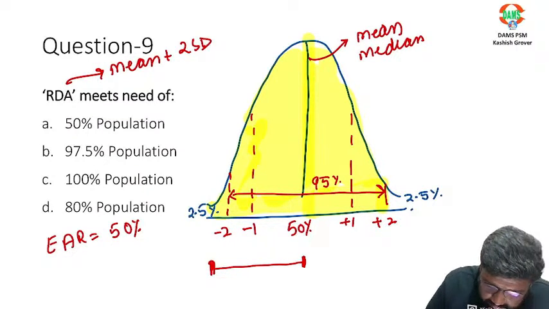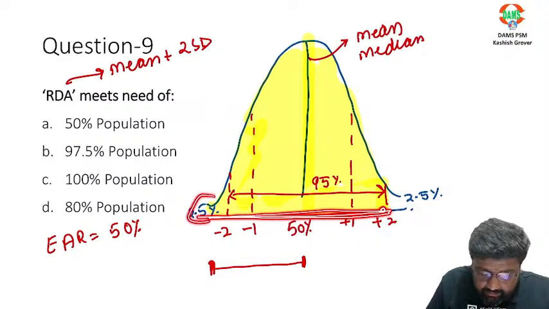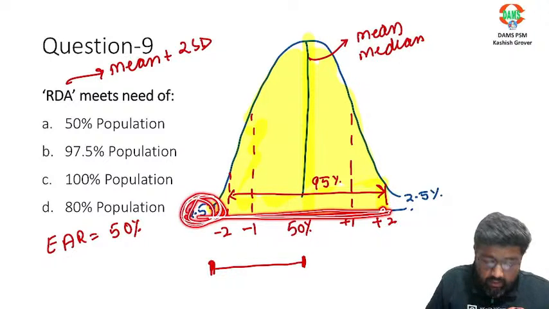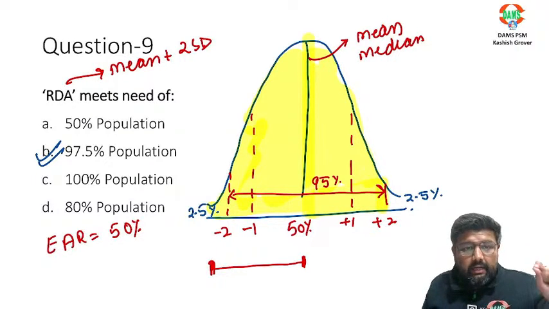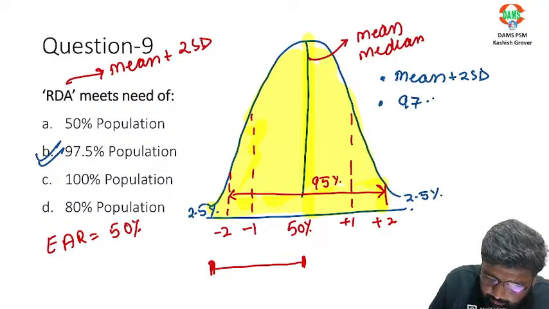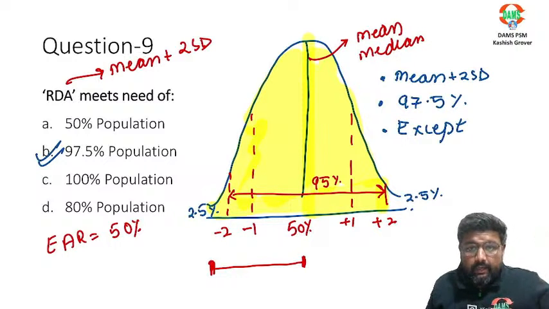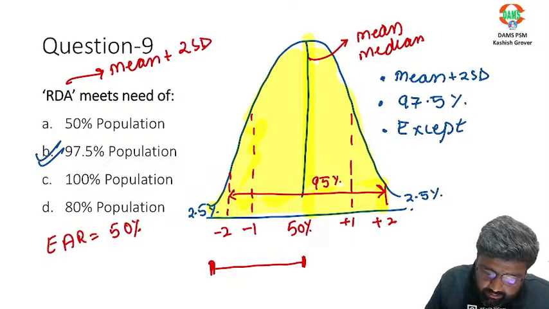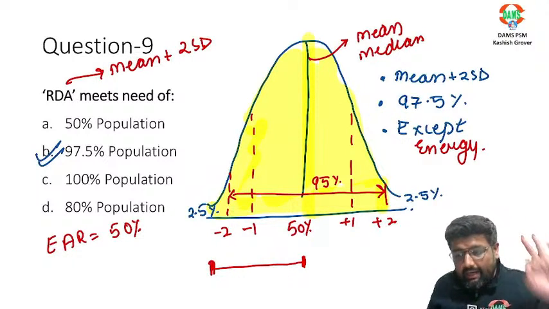RDA covers plus 2, so 95% plus this 2.5%, so RDA covers 97.5%. Three points regarding RDA: mean plus 2 standard deviation, 97.5%, and except this formula is for all except energy. Very important, again and again they ask in exam.